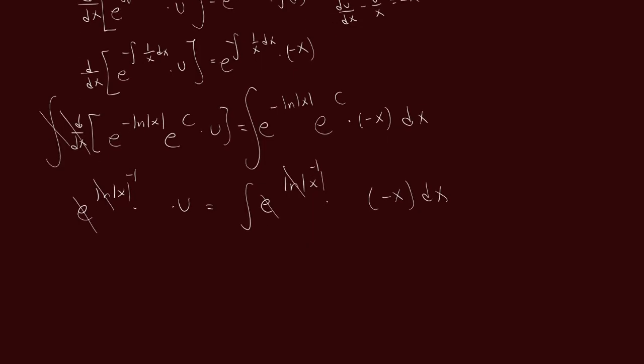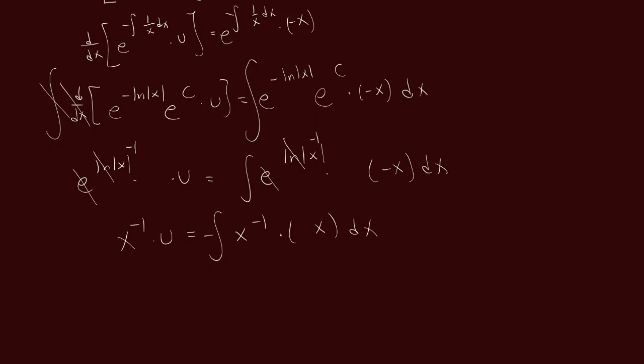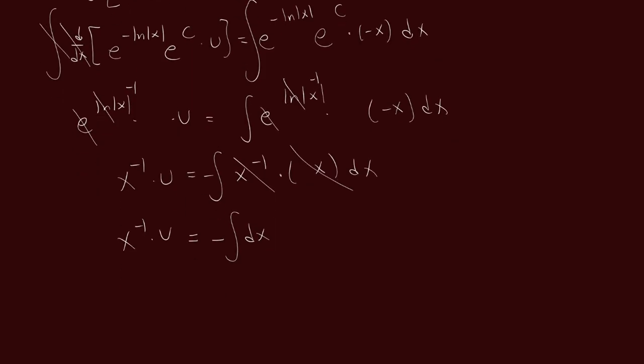So now we have x to the power of minus 1 times u equals the integral of x to the minus 1 times minus x dx. We're going to take the minus out, so that's a constant. So this and this also cancel each other out, and this will just be equal to the integral of dx. That's going to be x plus c1.